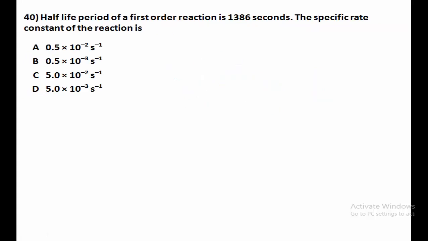Next, 14th question. Half-life period of a first order reaction is 1386 seconds. The specific rate constant of the reaction is? Simple problem. T half is equal to 0.693 divided by K, where K is the rate constant and T half is the half-life period.